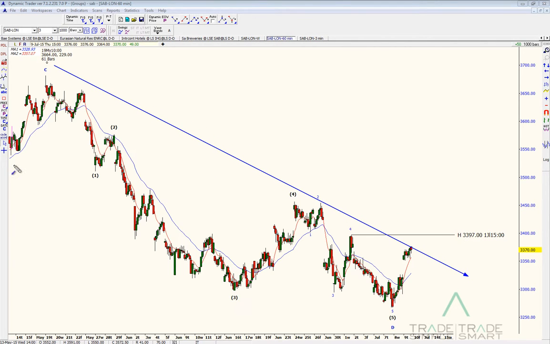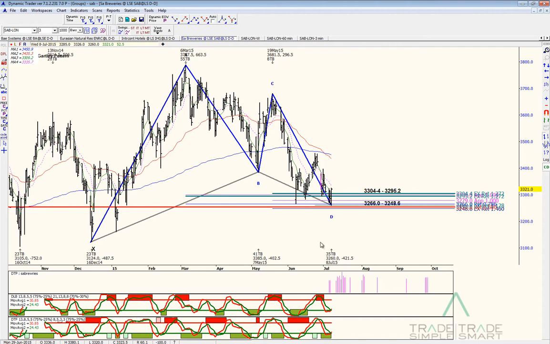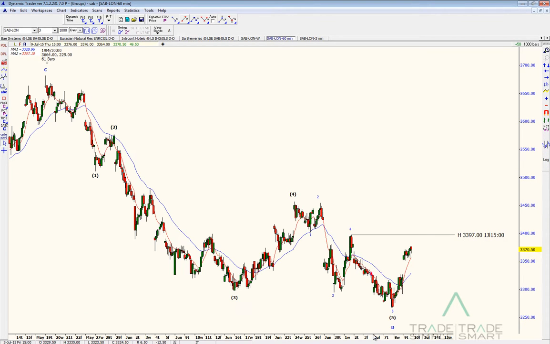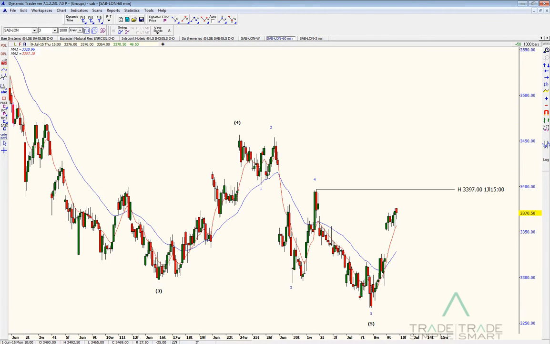If we go back to the daily time frame, we can see that we had a low into our second zone of 32.66 to 32.48, and the low was at 32.60. We've had a cross of our moving averages.